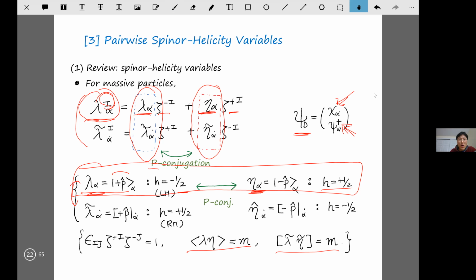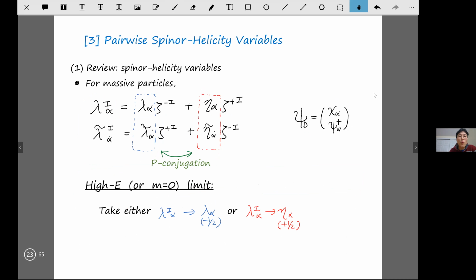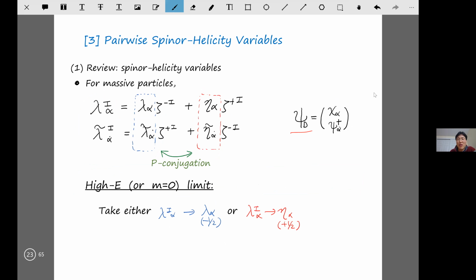All right. So if you now want to take the massless limit or high energy limit, it's effectively taking a Dirac fermion and saying it splits into two massless Weyl fermions. Either you turn that into a left-handed Weyl fermion or into a right-handed Weyl fermion.